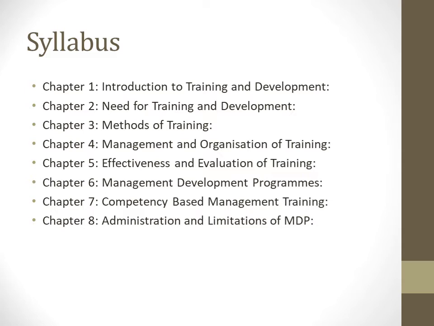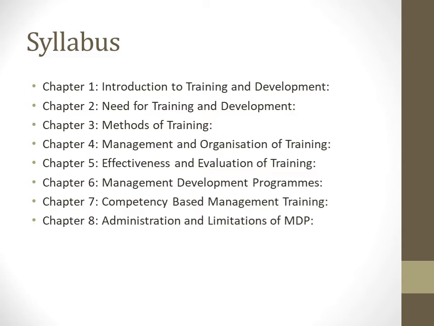The fourth chapter is management and organization of training. Here you will learn how to organize a training program and how to manage it. Before that you will learn about the learner's need, how to transfer the training skills to the workplace, and how to conduct the training.